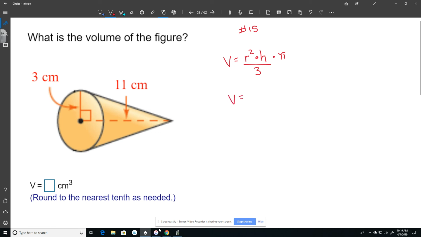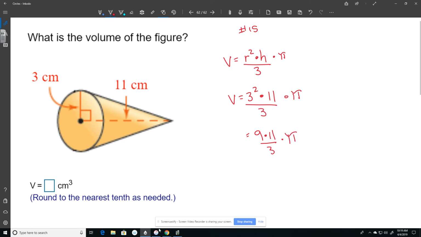So my volume is going to equal radius squared. If I look at the picture, my radius is 3. So 3 squared times the height of my cone, which is 11. And then I'm also timesing by pi. And then I'm going to divide that by 3. So that becomes 9 times 11 divided by 3 times pi.